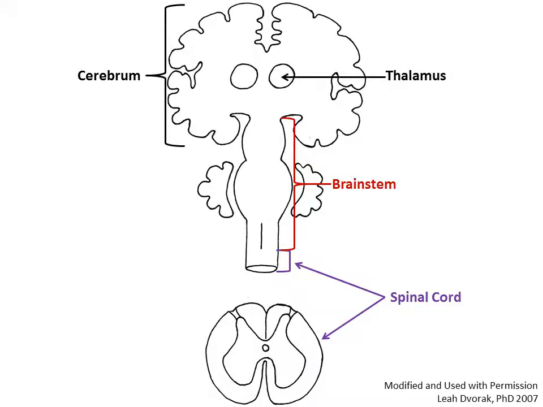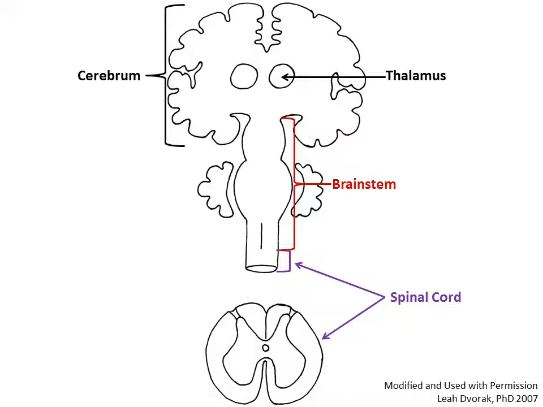Now I do want to mention, whenever you're looking at a drawing like this, you need to imagine you are looking at a person from the front. So they're facing you, which means that your right is their left and vice versa. So where the word cerebrum is on this slide, that is the right side, and the thalamus is written on the left side.